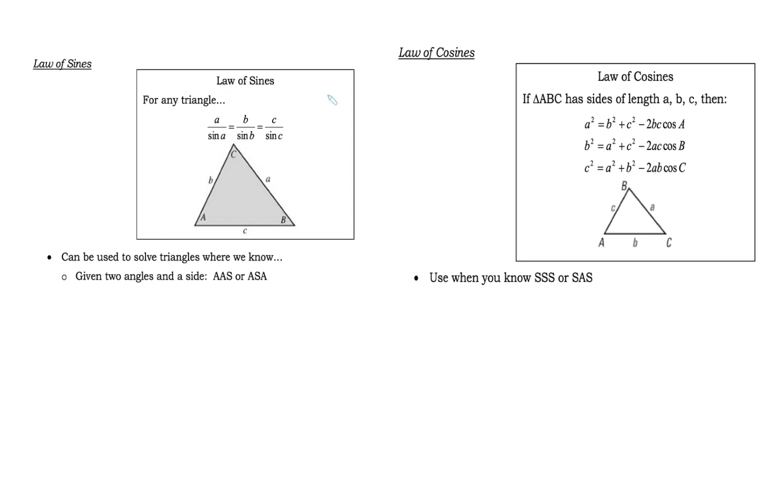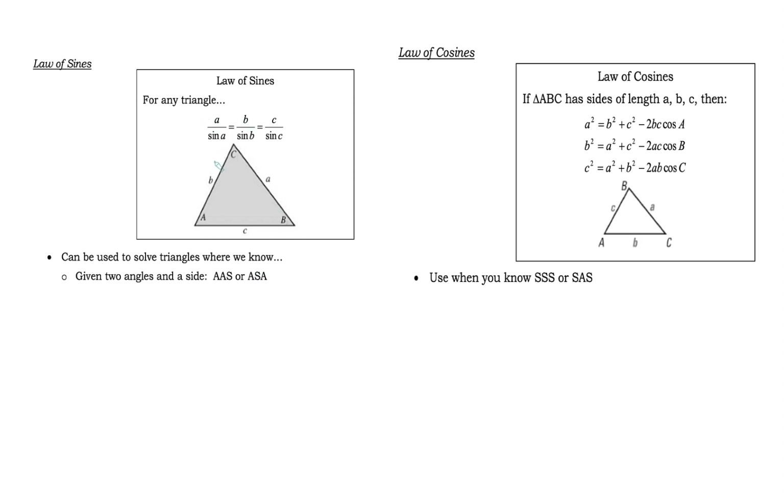Now, we use the law of sines, which is this formula right here: a over sine A equals b over sine B equals c over sine C, whenever you have a triangle and you know two angles and a side. So the dimensions they are giving you are angle, angle, side, or angle, side, angle.